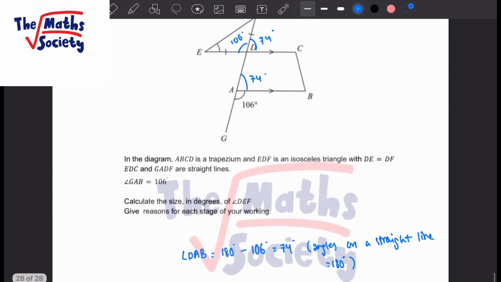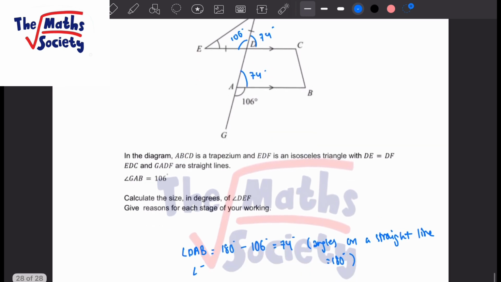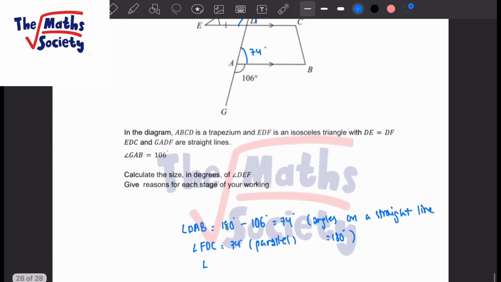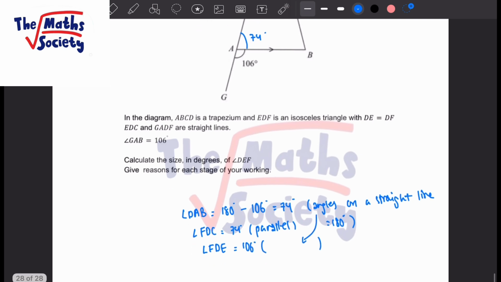And then you can see that angle FDC is also equal to 74 because of parallel lines. And then angle FDE is equal to 106, which is the same reason, the same angle on the same line.